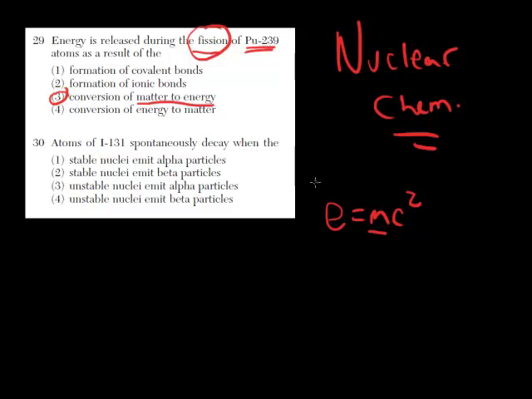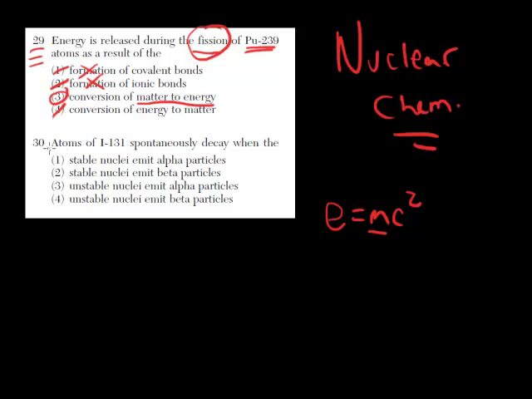That change in mass is converted directly to energy according to this equation. Conversion of energy to matter? No, it's the opposite. And then your decoys, formation of covalent bonds and ionic bonds, these are from a different unit. They have nothing to do with nuclear chemistry. So be aware of where you are in the test. When you get to questions 29 and 30, you're doing nuclear chemistry.